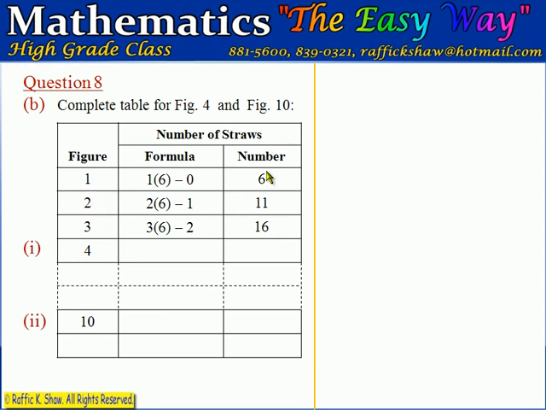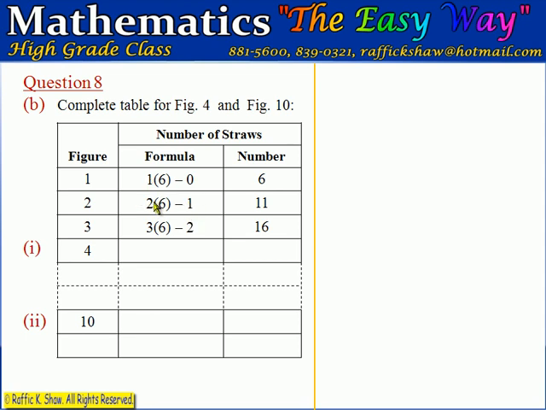So the first figure, as we said, has 6 straws, the second figure has 11 straws, and the third figure has 16 straws, right? And then this is a formula that is used, and we can observe that the numbers down here match the figure numbers here. In each case we are multiplying by 6, and then here we have 1 less than the figure number in each case.